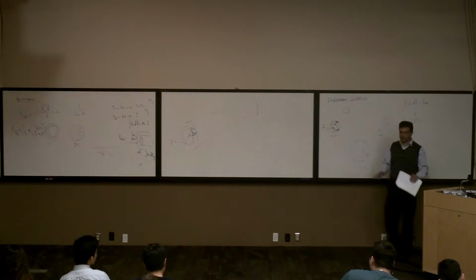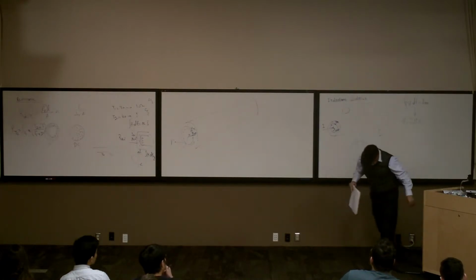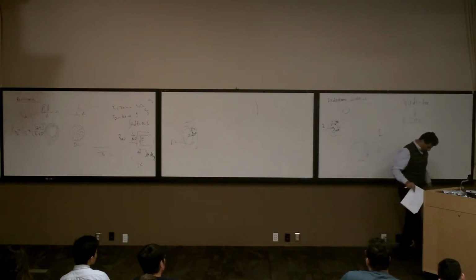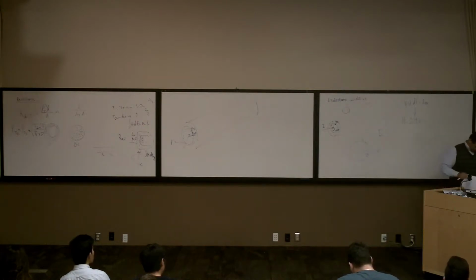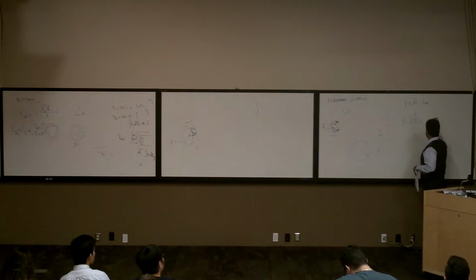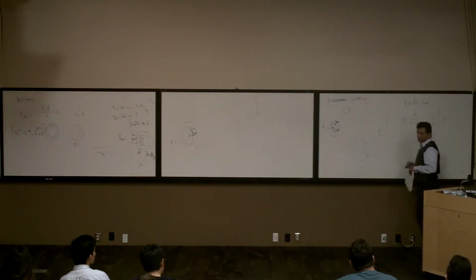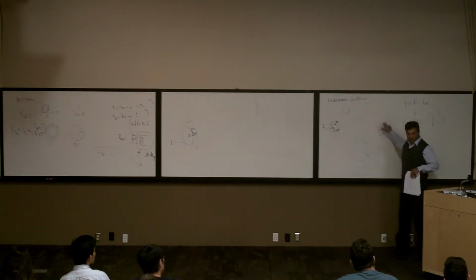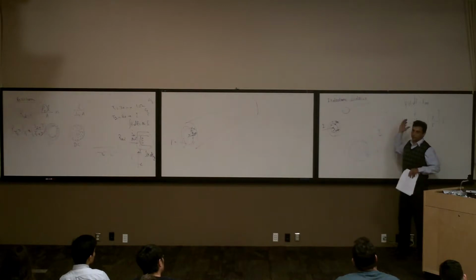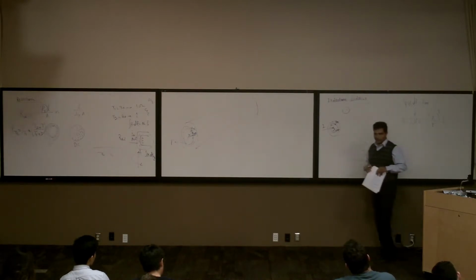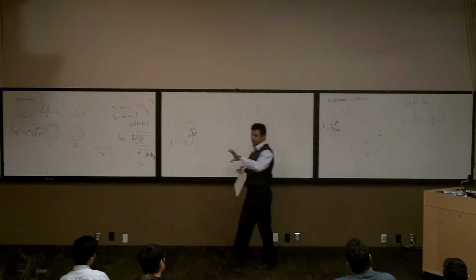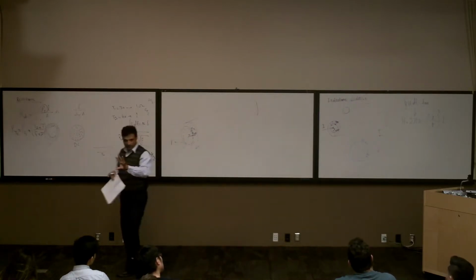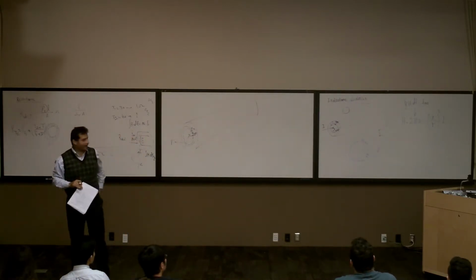I am assuming the current distribution is uniform. Can I say it is x over r to the power of 2 times I? I'm taking this area divided by the whole area, times I. That's what I'm calculating: how much current I have inside this circle with radius x. So this is my I net.